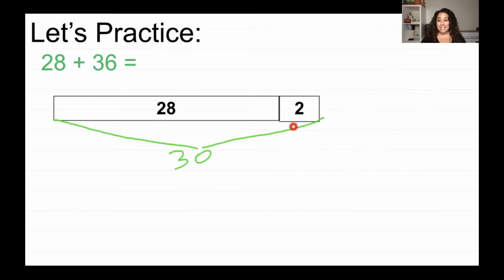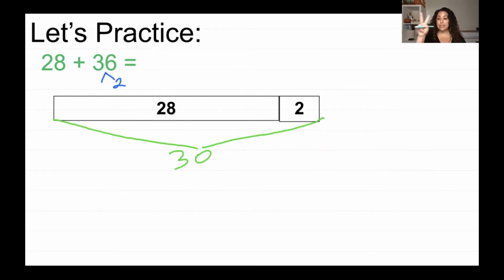Now I needed a 2 to get to 30, so where did I get that 2 from? Well, really what I did was I decomposed this number right here, and I took a 2 from there. And I have to put what's left right here. So let me see, 36 and 2 less, so 35, 34.